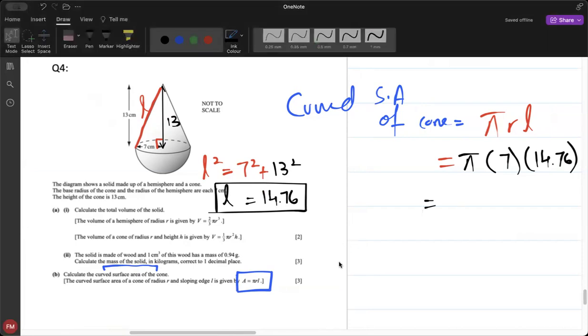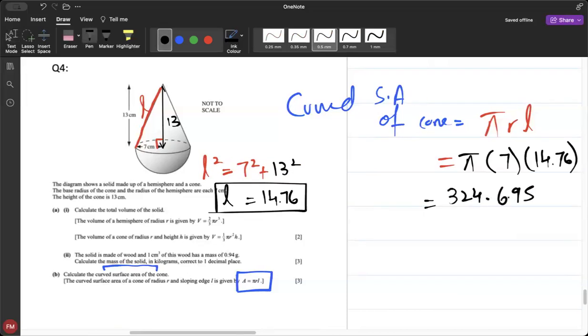If you did this, that's just going to give you 324.695. But again, this can be rounded off, and we can say the answer is going to be 325 centimeter squared, because it's surface area. Area is always square, volume is always cube. They were only asking us to find the curved surface area of the cone. That's the reason why we have done this.